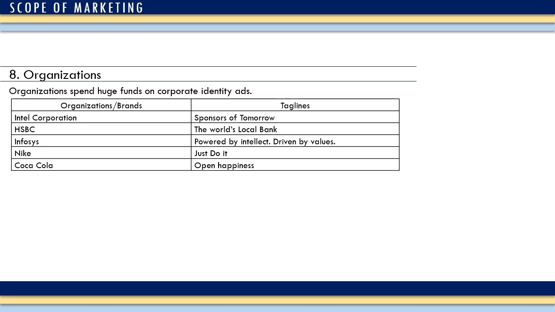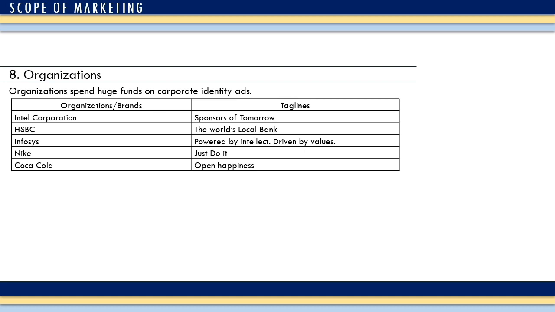And we have better understanding of every market. So if you're an American, you want to open a bank account in India, HSBC has better understanding of Indian markets and it has a presence in India. So that's what most of the organizations try to do. They try to communicate about what the organization stands for with the help of these identity slogans, also known as taglines. So this is how organizations also market themselves.